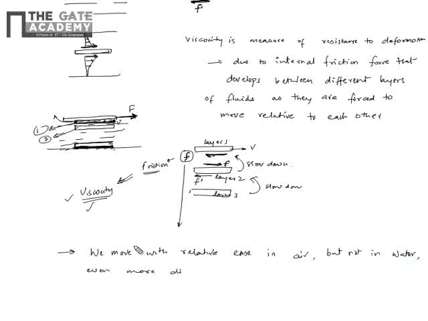So imagine you are walking in air, similarly walking in water, and similarly walking in oil. Which will require more effort? The oil case will require more effort than the water case, and in air it is very easy to walk.